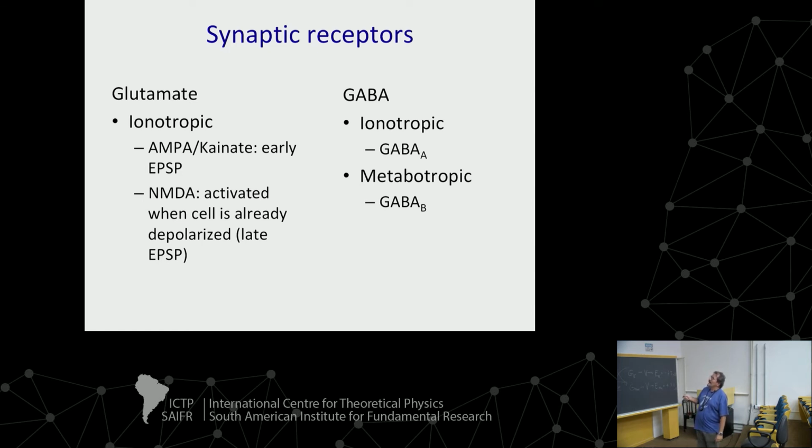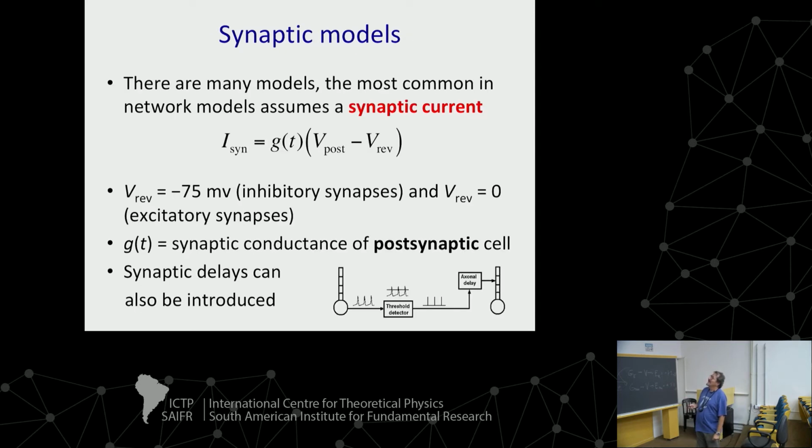GABA A is ionotropic, and GABA B is metabotropic, so they require lots of biochemical reactions inside the postsynaptic cell. So how to model them? There are many models, but usually, since eventually they lead to the opening of ion channels on the postsynaptic cell, you can model them using the Hodgkin-Huxley formalism, the same formalism we had before.